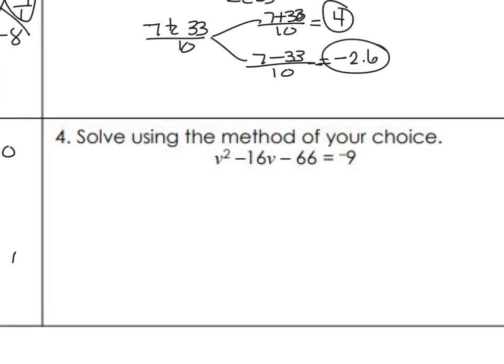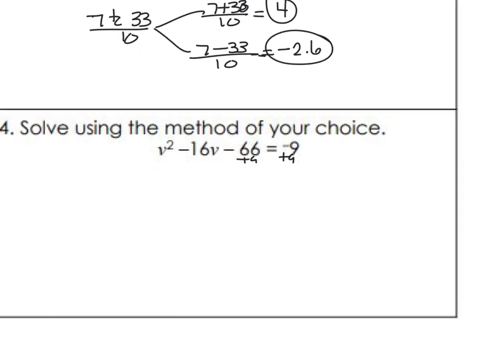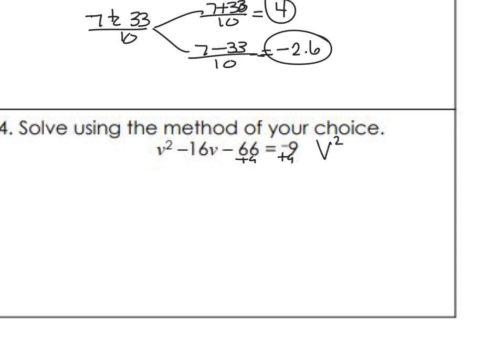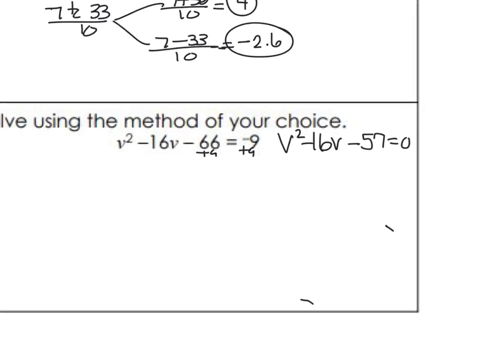Right. So let's bring this 9 over, add it. So I'm going to get v squared minus 16v minus 57 equals 0. So, factors of 57. I think that's going to work.